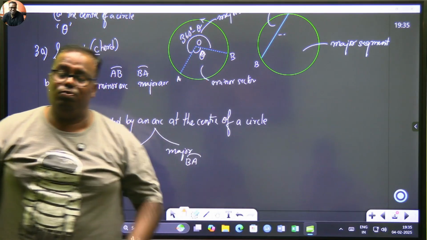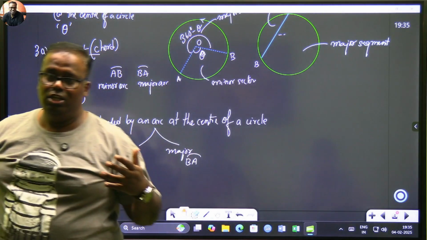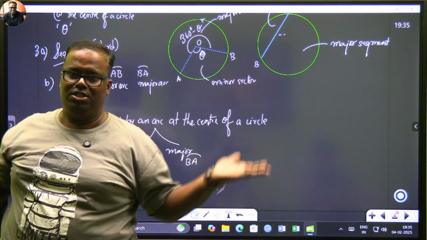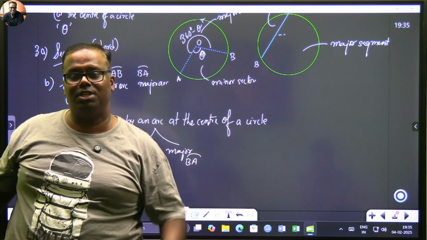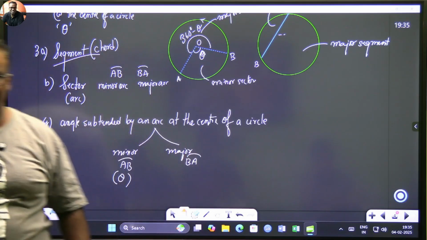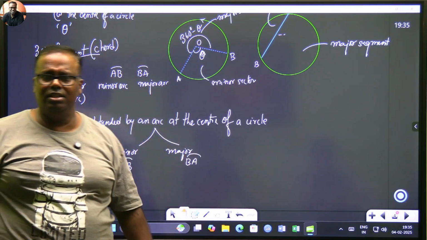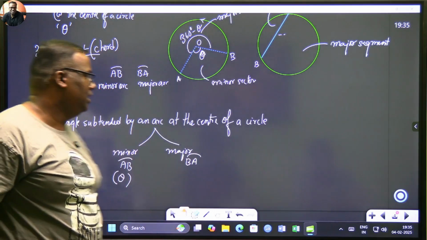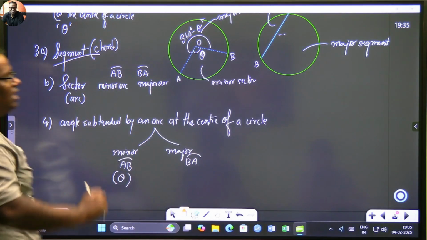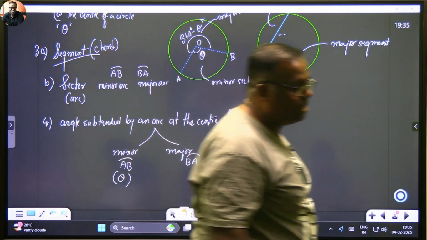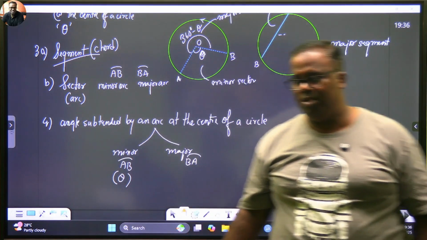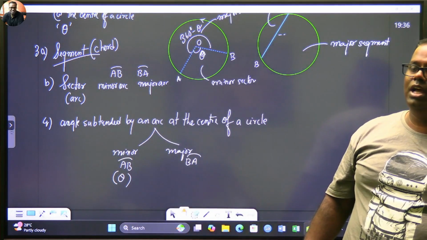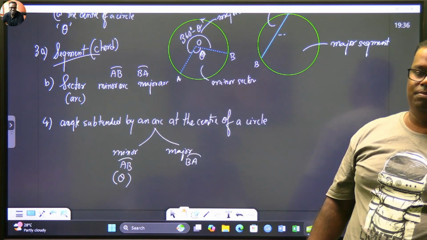But in the case of diameter, you don't have major, minor. You have two arcs which are same. So both will subtend 180 degrees at the center. Are we clear? So have you understood what is angle subtended by an arc at the center, angle subtended by a chord at the center? Both are same. Angle subtended by a chord and angle subtended by an arc are same.